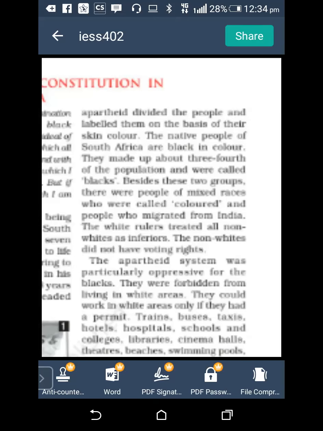Same as it happened in South Africa. The native people of South Africa are black in color. They made up about 3/4 of the population and were called blacks.